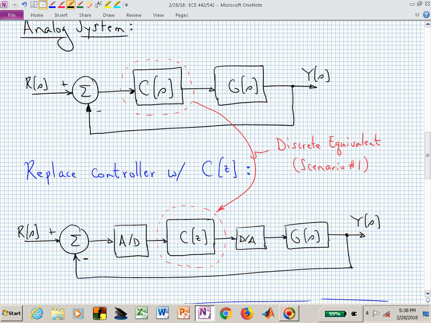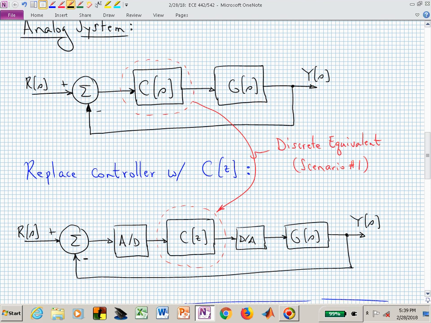And we've already done this. If I gave you a low-pass filter as, let's say, an H of s, you now know how to find a difference equation to realize that low-pass filter in a discrete time setting. That's what we want to do now: replace the controller, capital C of s, with its discrete time equivalent, C of z.